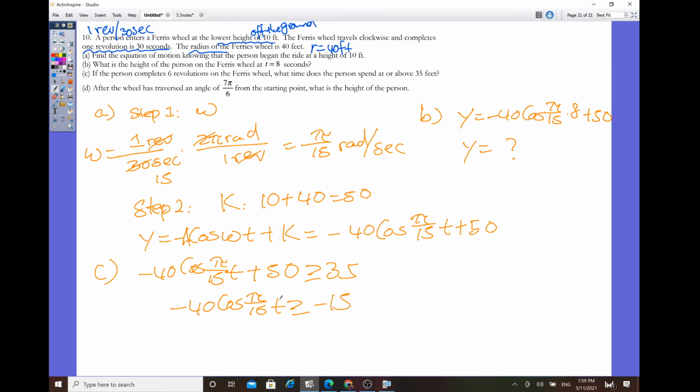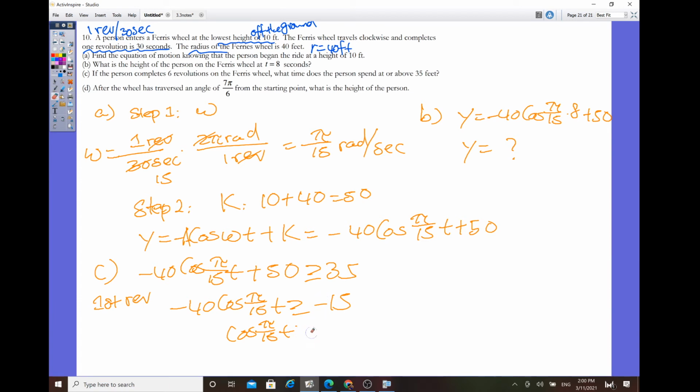So this one is just finding the time it takes for the first revolution. Okay, in order to complete 6 revolutions, it will be 2 pi over 15 t, and then 3 pi over 15 t, and then 4 pi, and then 5 pi, and then 6 pi over 15 t. Okay, so let's just find the first revolution. So divide: we have cosine of pi over 15 t, and if you divide by negative 40, you need to switch the inequality.